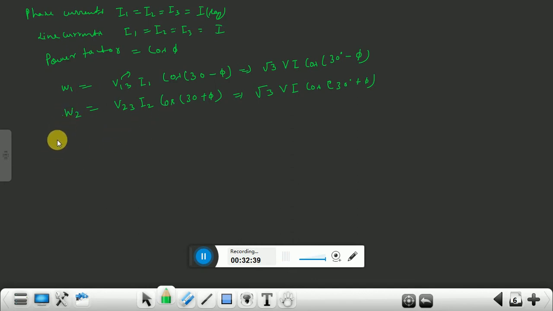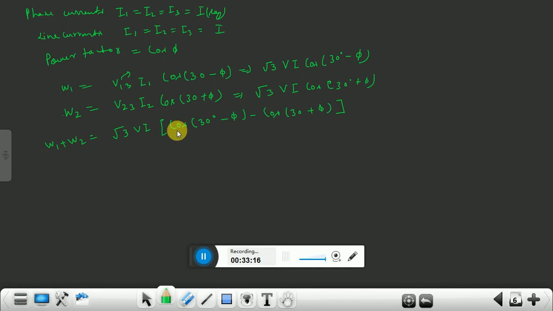So here we get W1 plus W2 is under root 3 V I common, and this is cos 30 minus 5 and cos 30 plus 5.